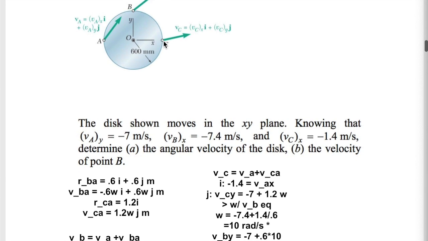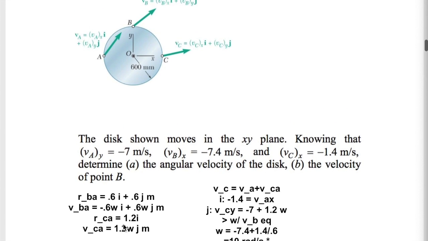We do the same thing for C to A, which we get is 1.2 i, and we get 1.2 w in the j direction. And we're going to look at this velocity B with respect to A. So velocity B with respect to A is velocity of A plus velocity of B of A.